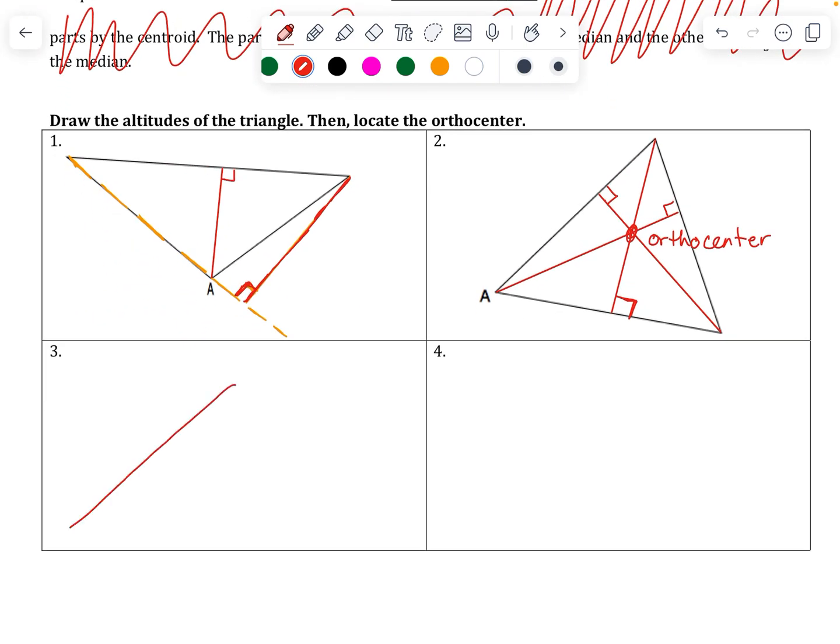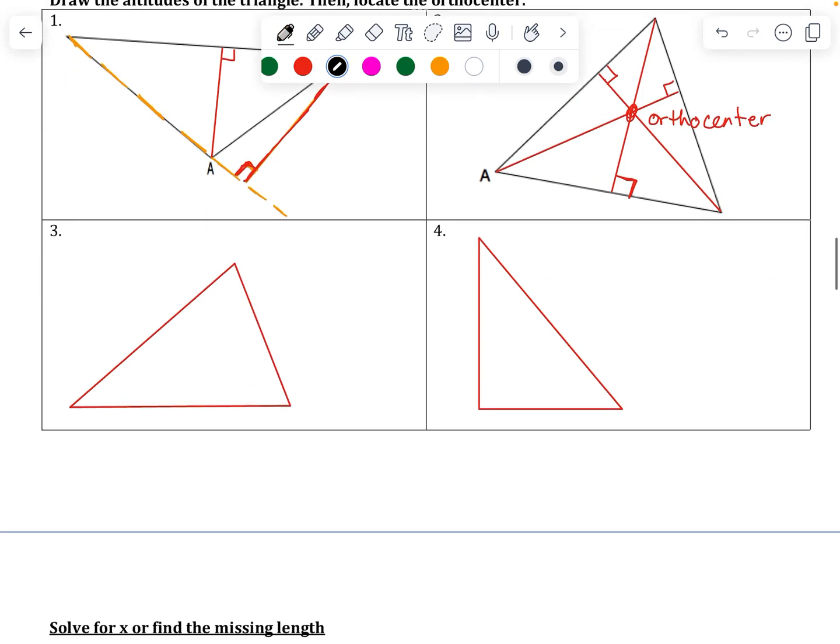I would ask you to try sketching out one acute triangle and then one right triangle as an added challenge. The acute triangle, you can just sketch out your height from each side, find your 90-degree angle from each side approximately. Using a straight edge makes this a lot easier.